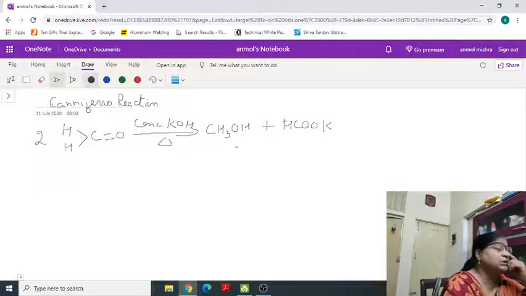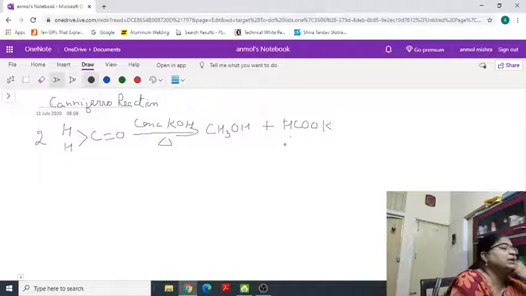So this reaction is also an example of self-oxidation reduction reaction. That is, the aldehyde undergoes reduction to form alcohol and undergoes oxidation to form the formate salt.